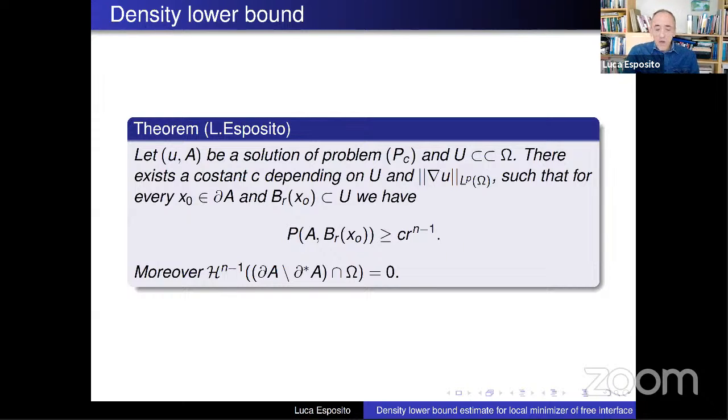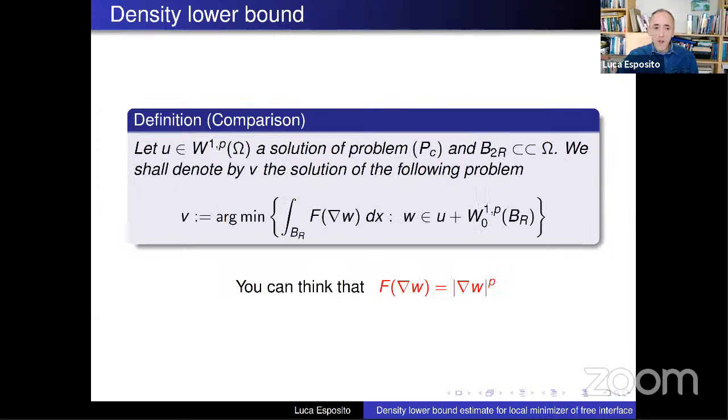So the measure of the n minus 1 dimensional ball of radius r. And moreover, you know that the difference in measure between topological boundary and the reduced boundary is 0.